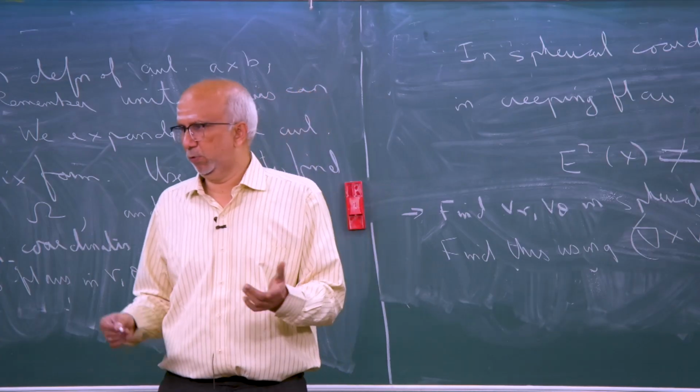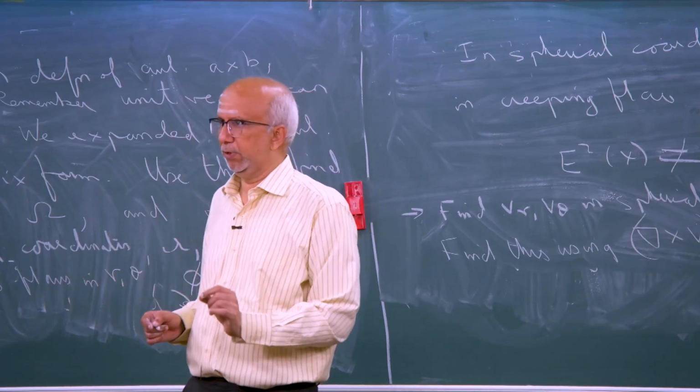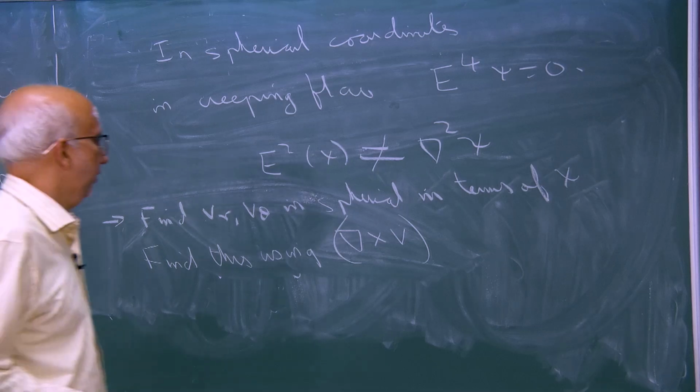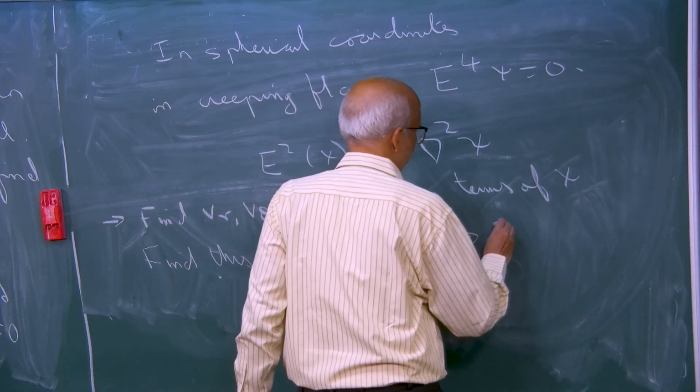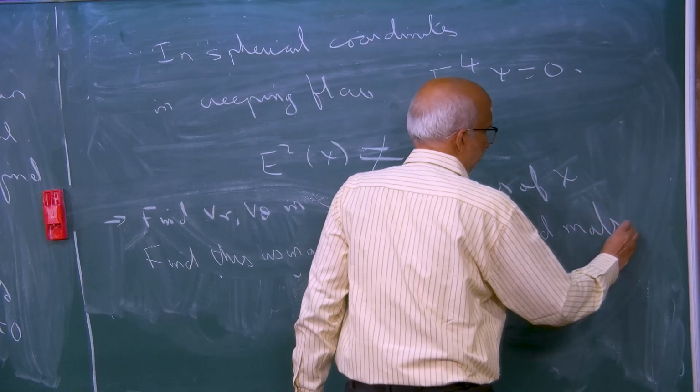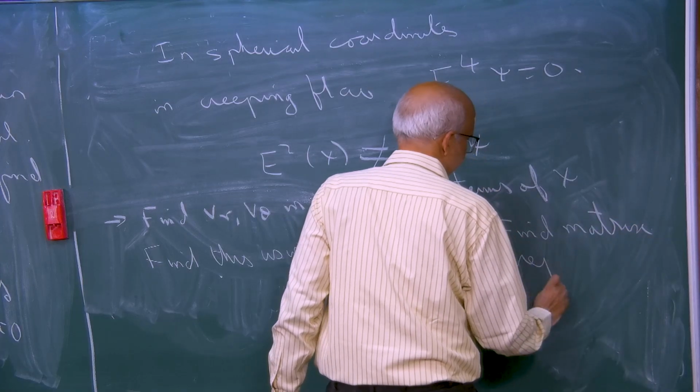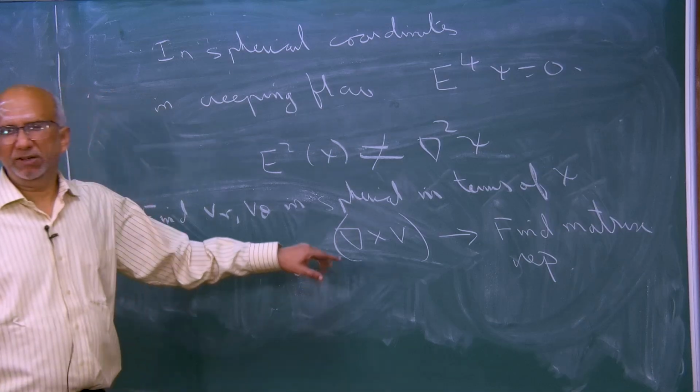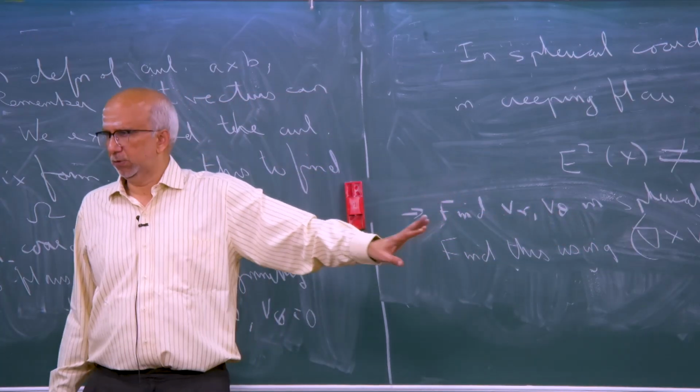So, you just have to do it term by term, take the cross product, find curl of V, and find the matrix representation. These are given in several books and on the internet, but I want you to derive it.